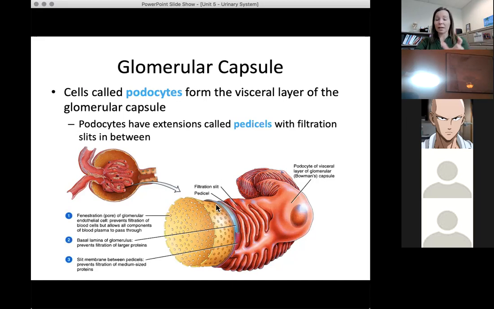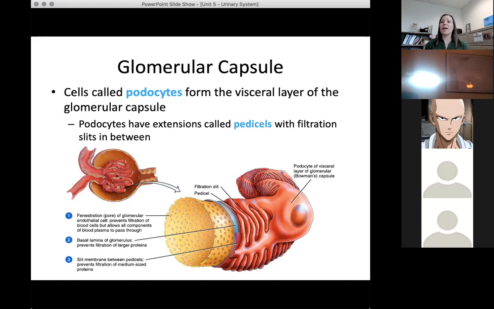If you take an enlarged view, here is the capillary. You can see all the little fenestrations, all the little holes in it to allow substances to leave the blood. And then this surrounding the capillary is the visceral layer of the glomerular capsule. It just wraps around the capillary. This visceral layer is composed of cells called podocytes.